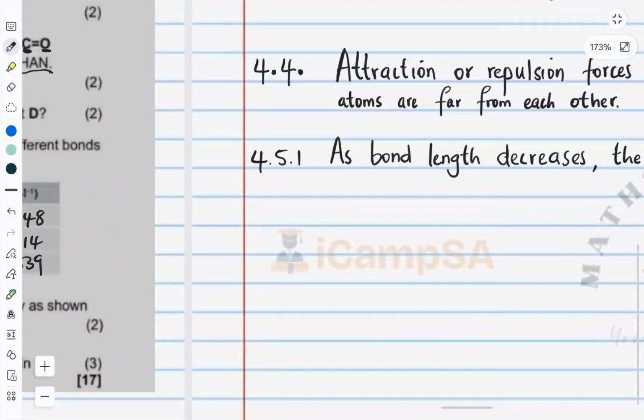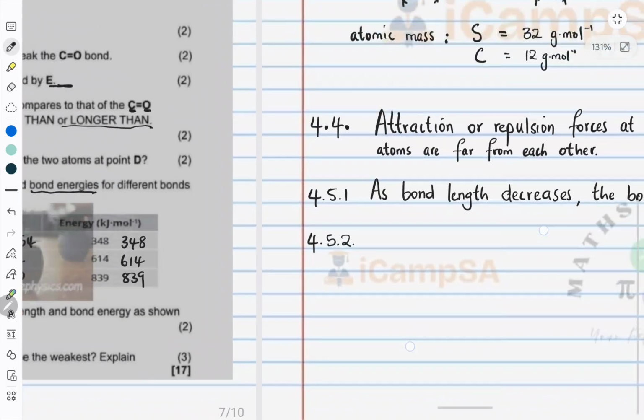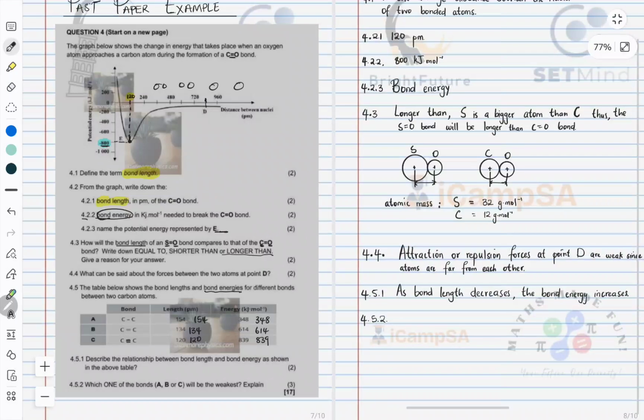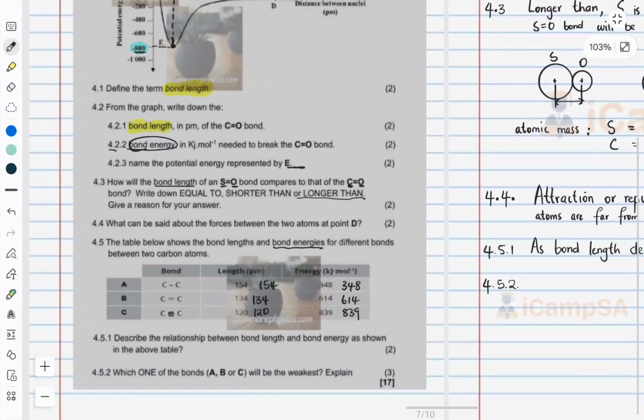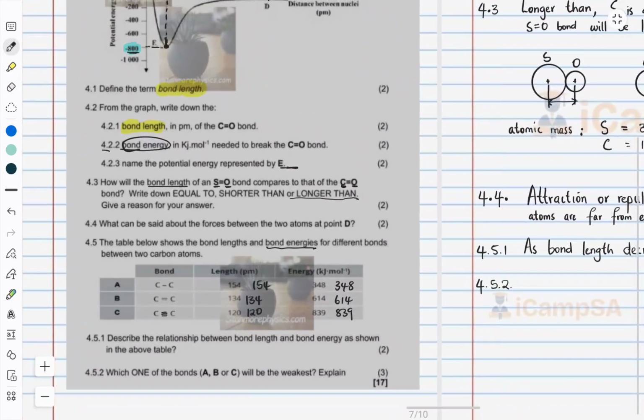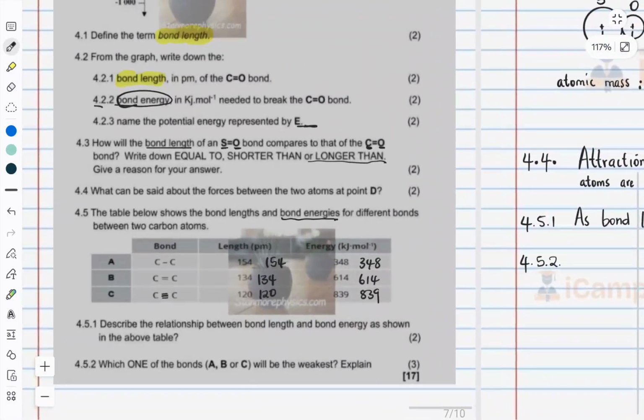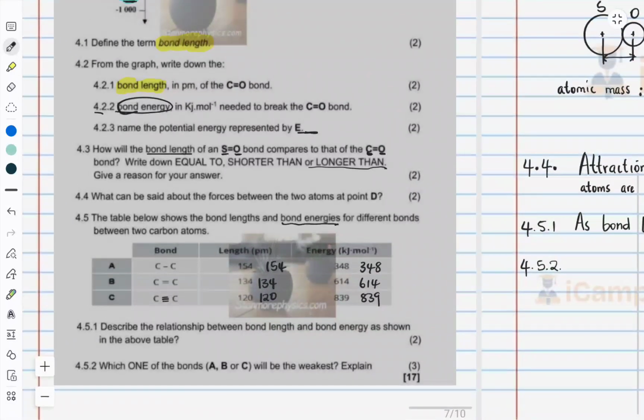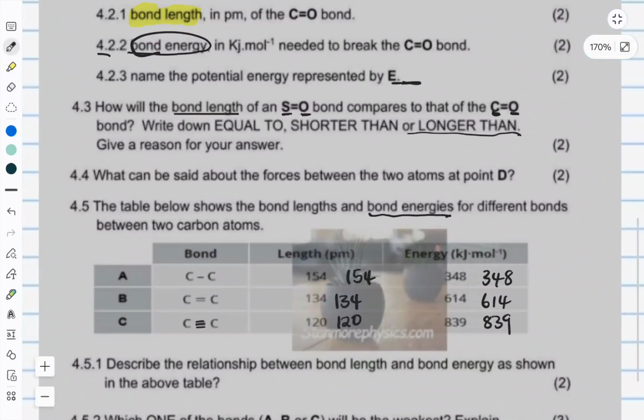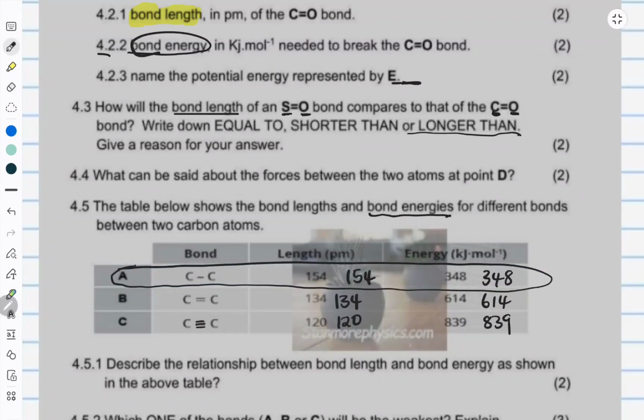And then let's go to 4.5.2. In the other videos, we will cover more of these past paper examples, and then you should be good enough to answer such questions in your exams. Now, which one of the bonds, A, B, or C, will be weakest? Explain. Remember, the weaker the bond, the lower the energy needed to break that bond. So obviously the weakest bond here is A. Why? Because it has the lowest bond energy.